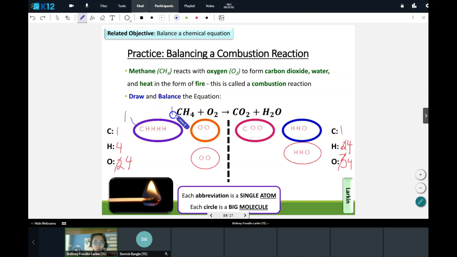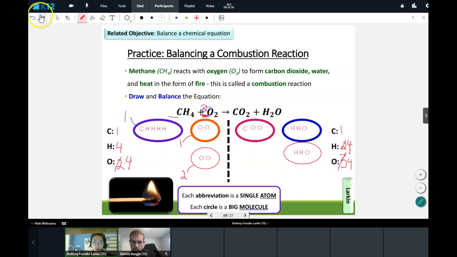And so we could put 1 in front of CH4, but again, 1 is the same thing as a blank. So I'm just going to leave that one blank. What about how many big circles of O2 do you see here? Yeah, 1 big circle on top, 2 big circles on bottom, so that becomes my big coefficient.